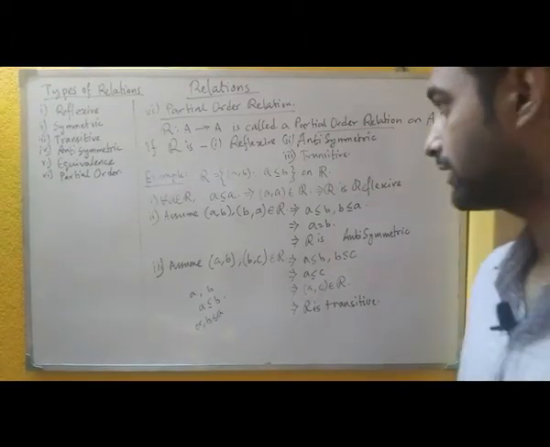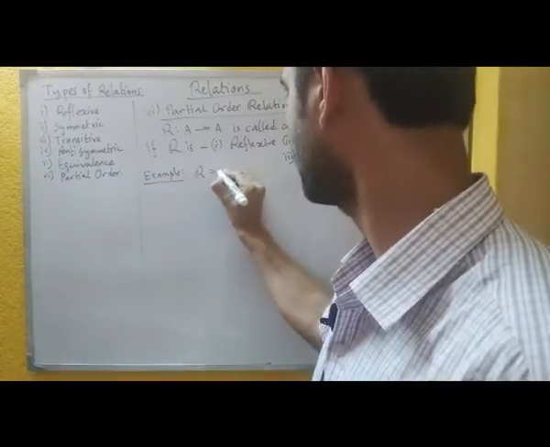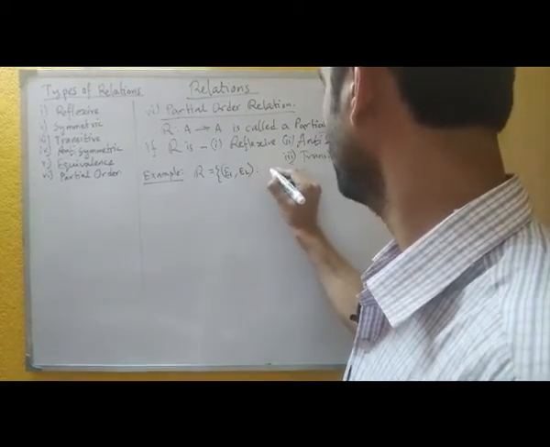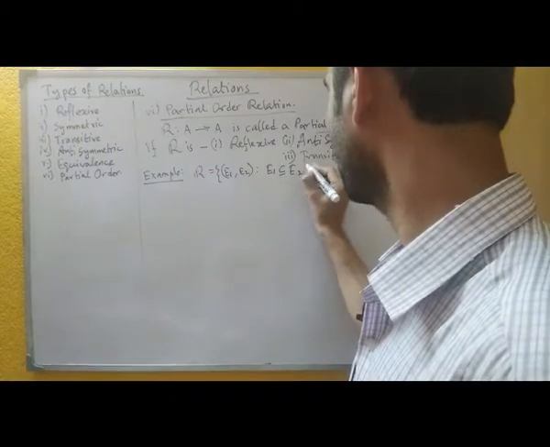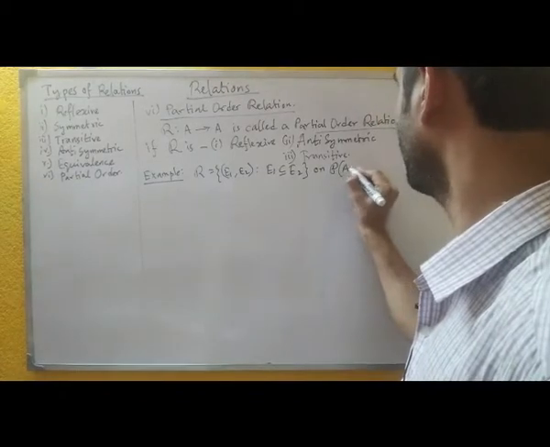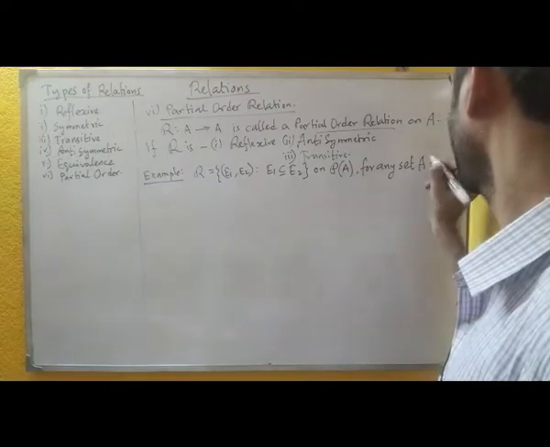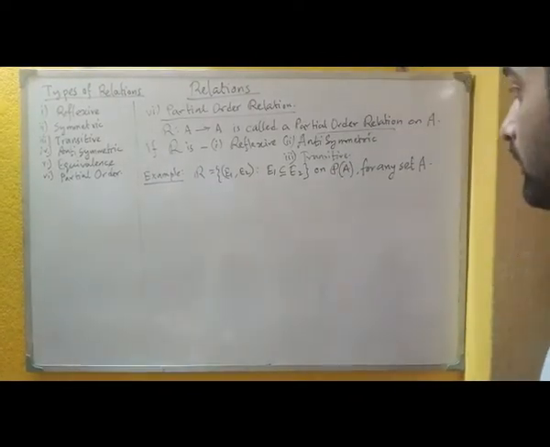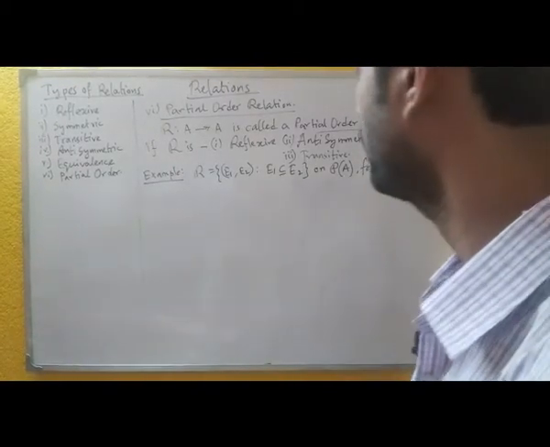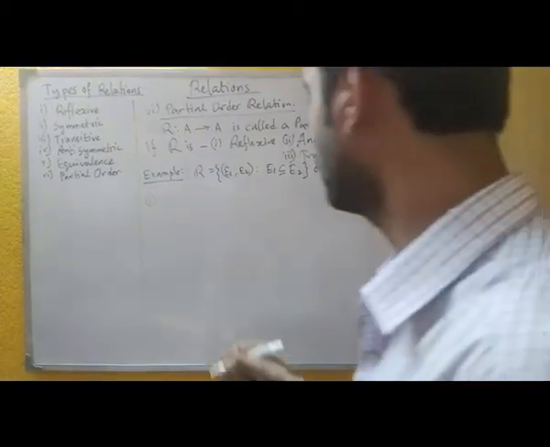See another example for a partial order relation. So we consider the relation R between two sets E1 and E2, and the relation is the inclusion relation, that is E1 is a subset of E2, on the power set of A for any set A. So we will check whether this one is a partial order relation. Let us do it. For number 1, we have to check whether it is reflexive or not.